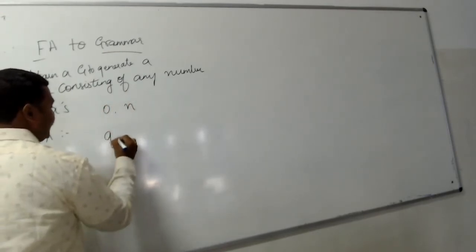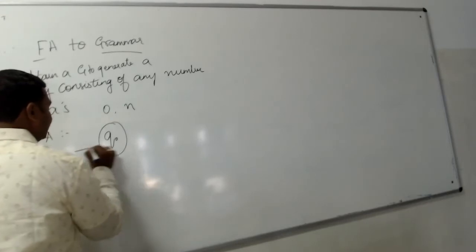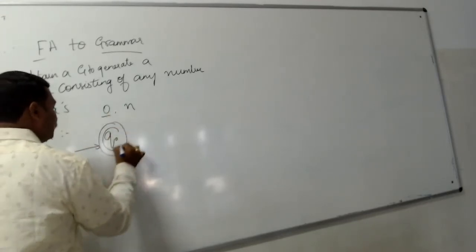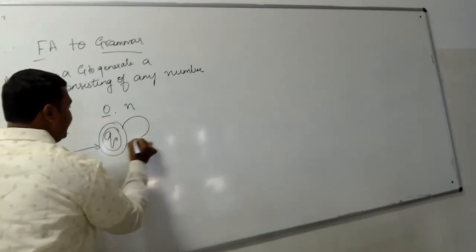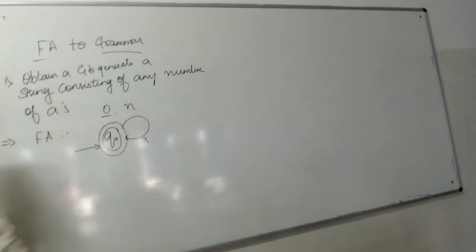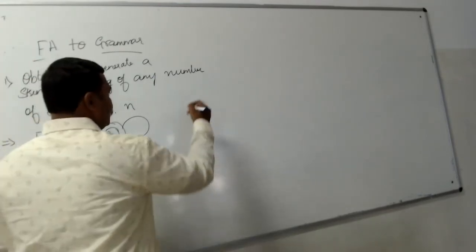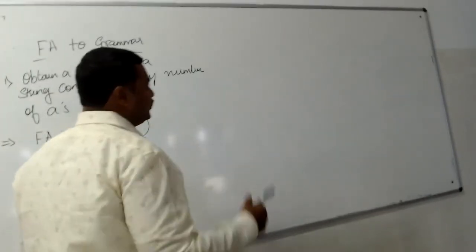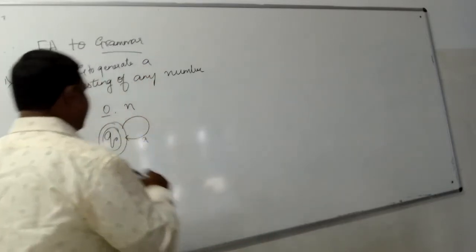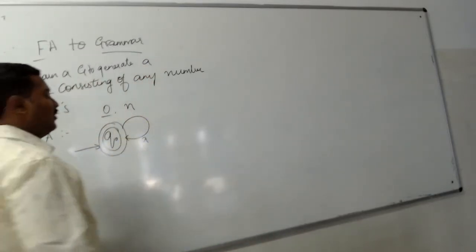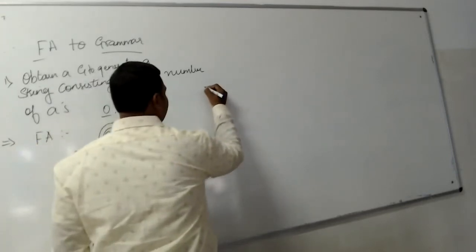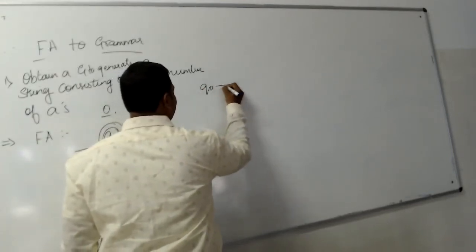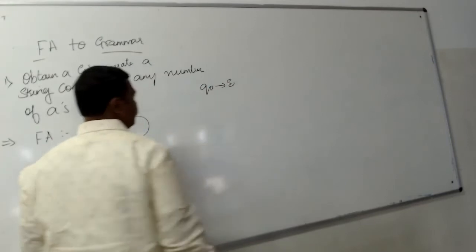So there is state q0 which is the start state, and 0 A's means it is also the final state, and any number of A's means there is a loop. Correct? Okay. As per the rules, if the starting state is a final state, first introduce an epsilon production, q0 tends to epsilon.